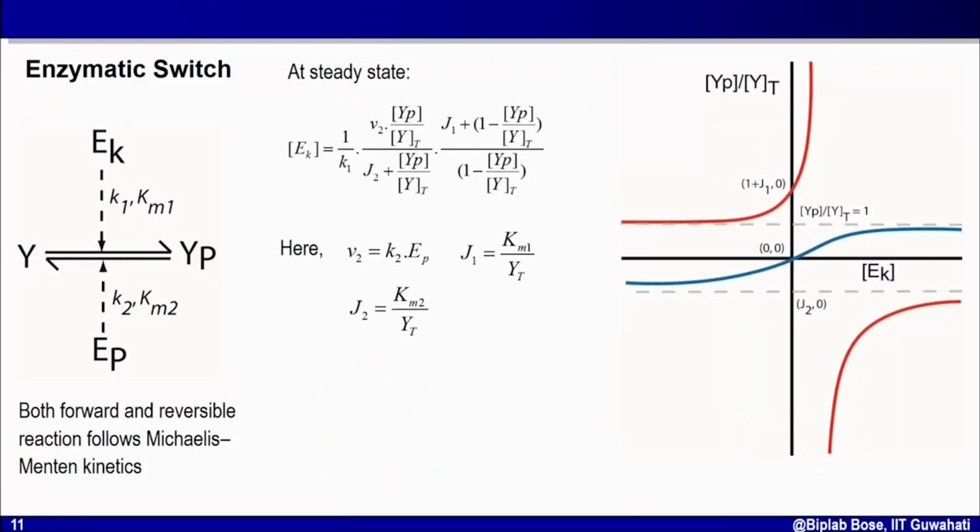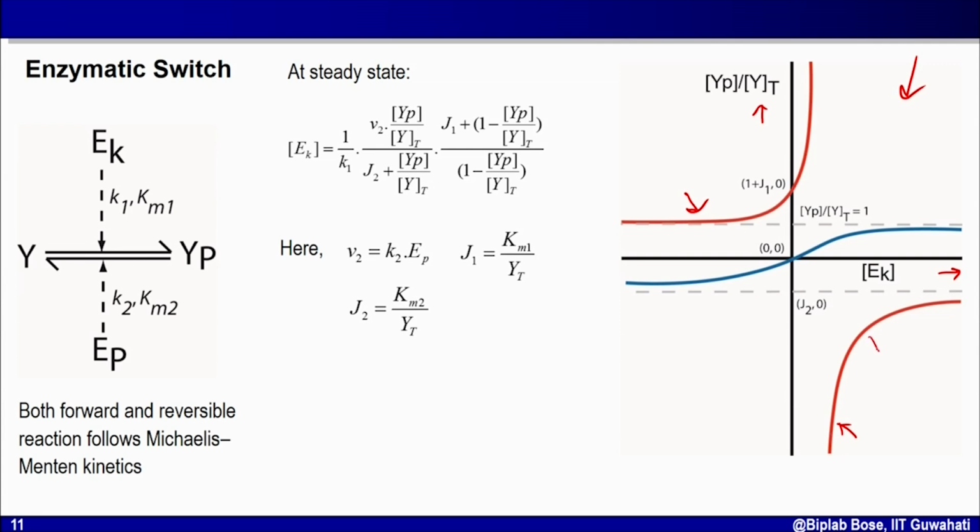So if I try to plot this Ek versus Yp by Yt, I get this type of plot. Pay attention to this plot. I have these two red lines here. In the horizontal axis I have Ek, and in the vertical axis I have Yp by Yt, the fraction of Y phosphorylated. I have two red lines.